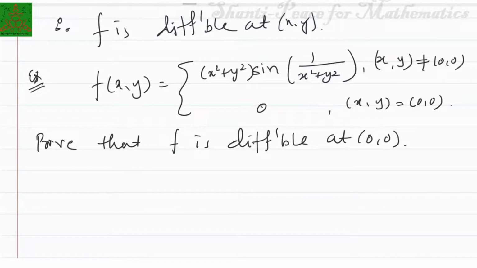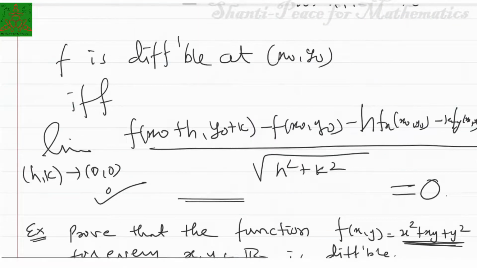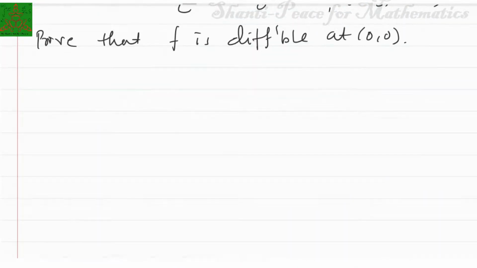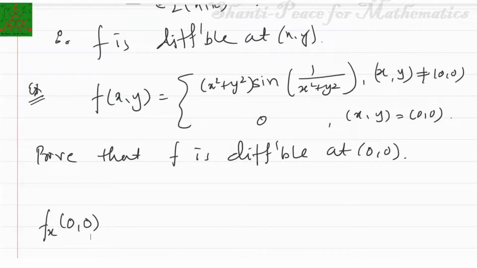Now we'll use another way to prove this. For that you require what is fx at (0, 0) and fy at (0, 0). First let us calculate them. So what is fx at (0, 0)? By definition, first thing you just notice is that this function has the value 0 at the origin, and for non-zero points it has this value.